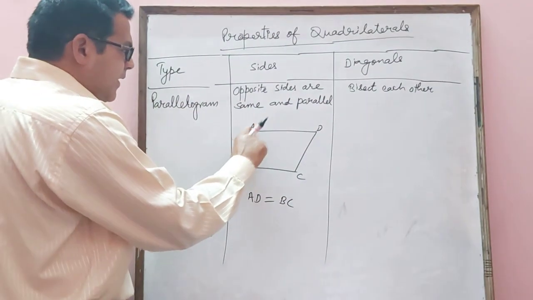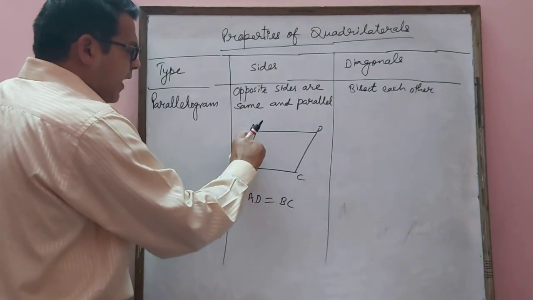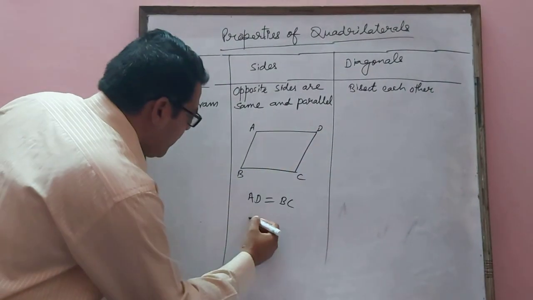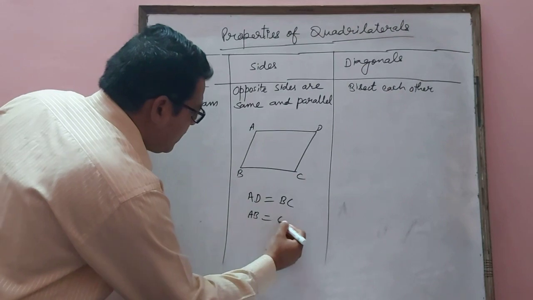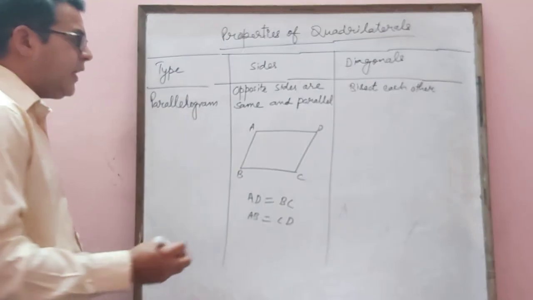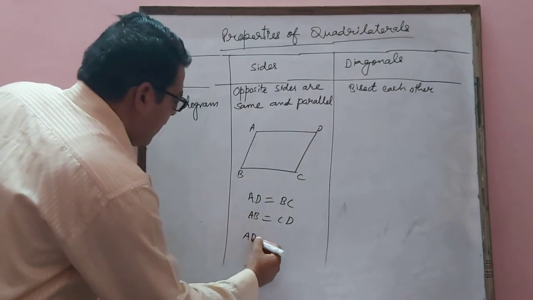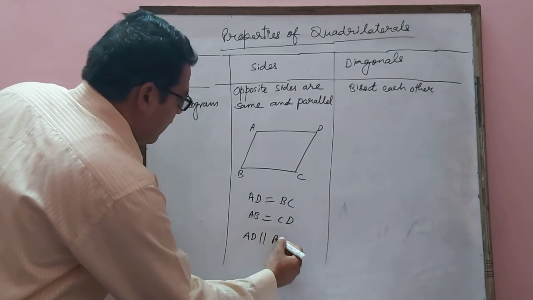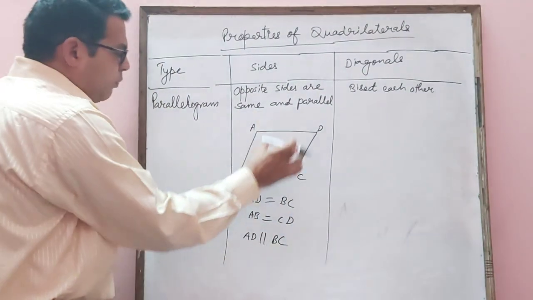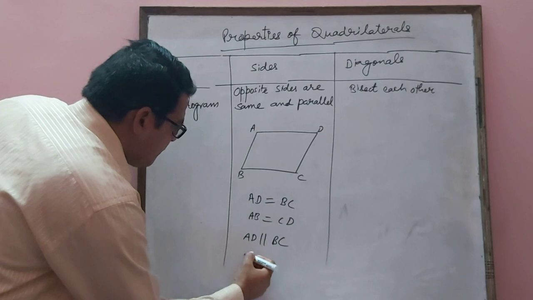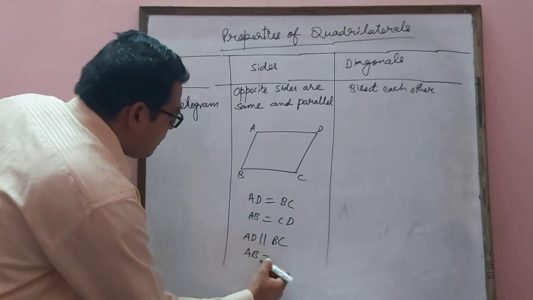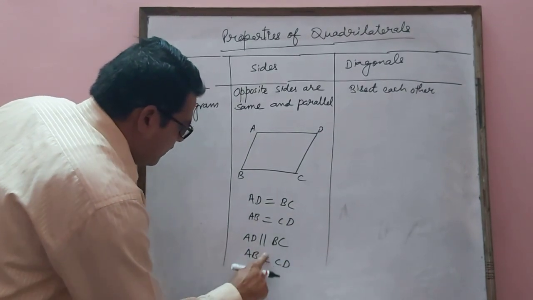Similarly, the opposite side of AB is CD. So we can say that AB equals CD also. And one more thing, opposite sides are always parallel. So AD is parallel to BC and AB is parallel to CD.